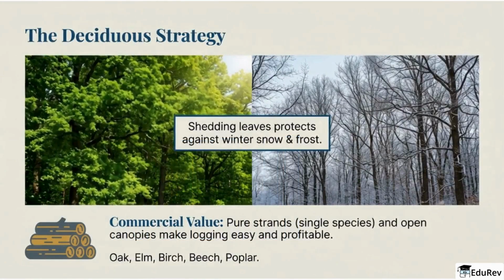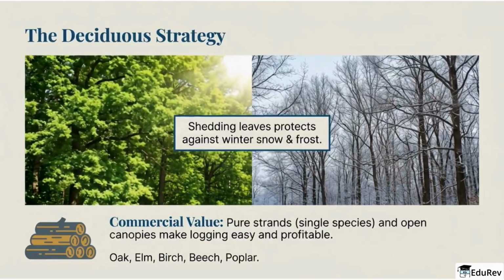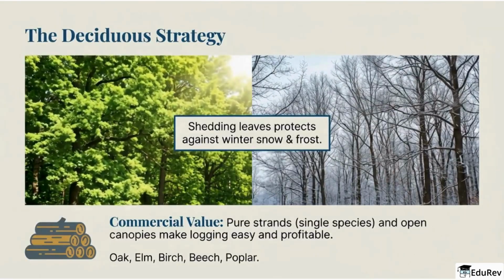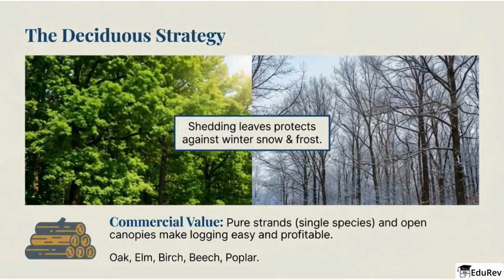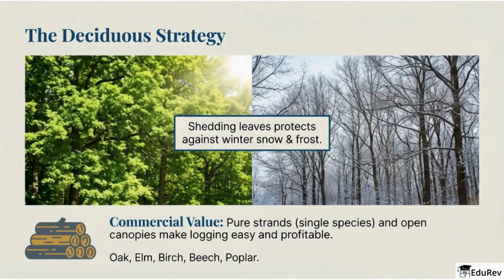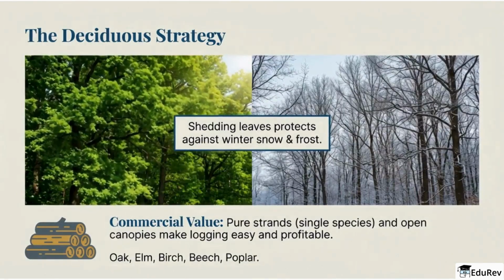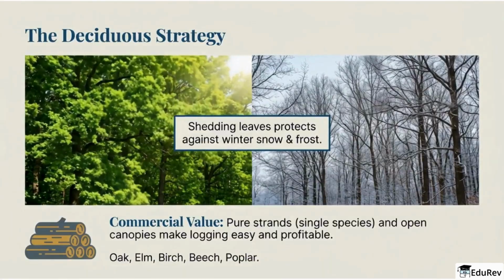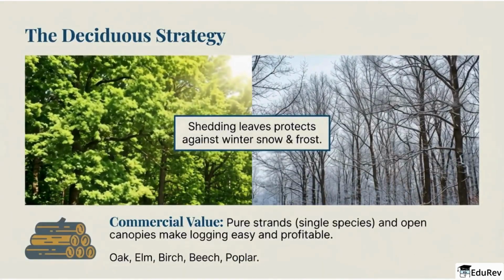Now vegetation. The dominant strategy here is deciduous forest. Why shed leaves? Because dropping leaves protects trees from winter snow and frost and helps them survive the colder season efficiently. That is the biological logic. Now the economic logic. These forests often occur in pure stands, meaning large areas dominated by a single species.